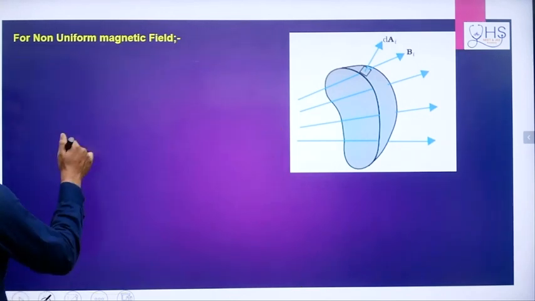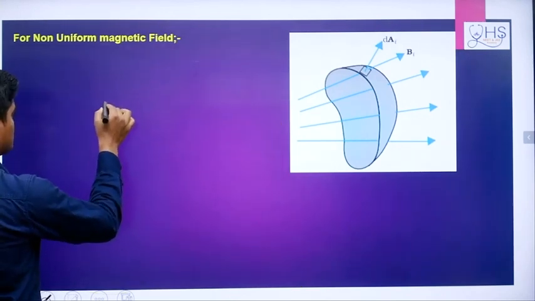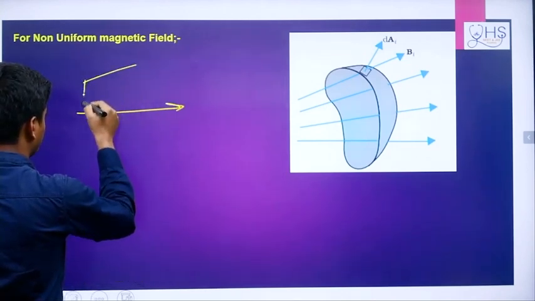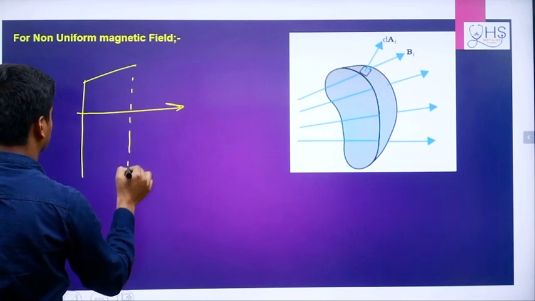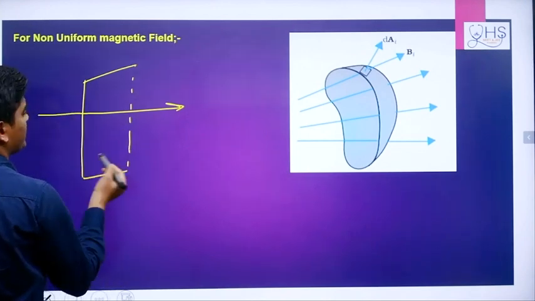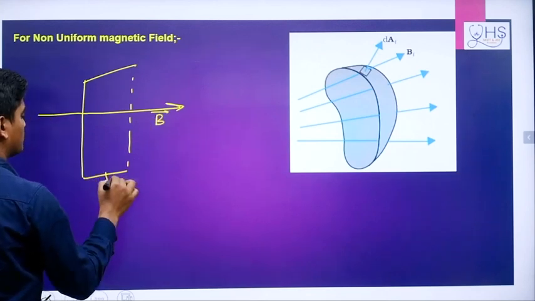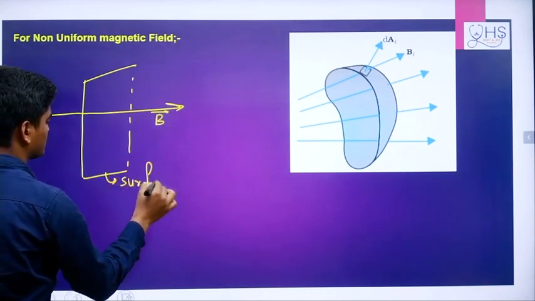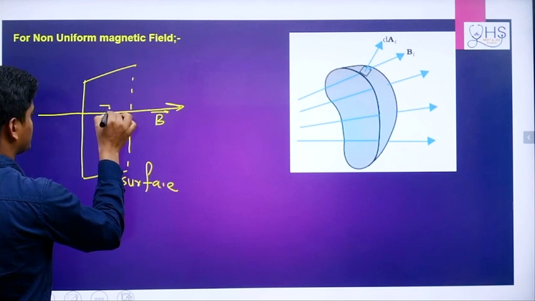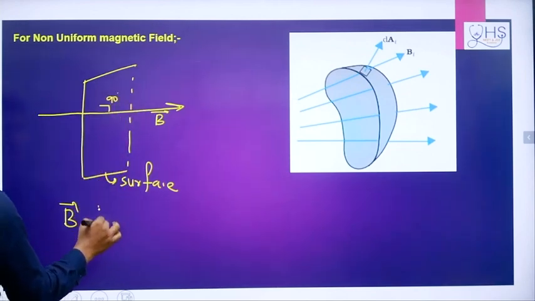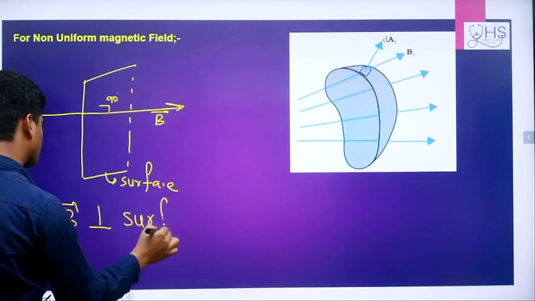And the next thing to understand: if your magnetic field is like this and your area is like this, that means your B vector is like this and your surface is like this. So what is happening here? Now the surface and magnetic field are at 90 degree. So the B vector is perpendicular to the surface.